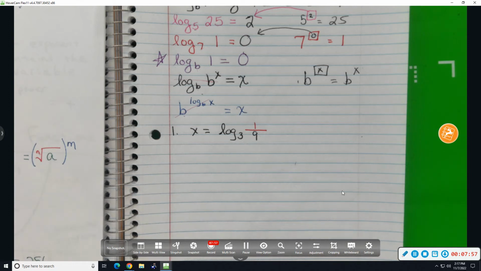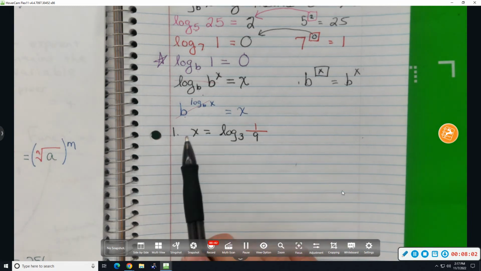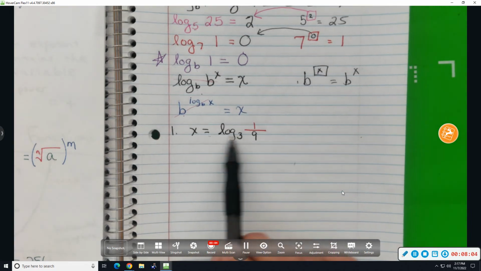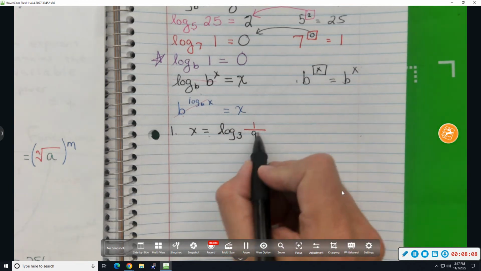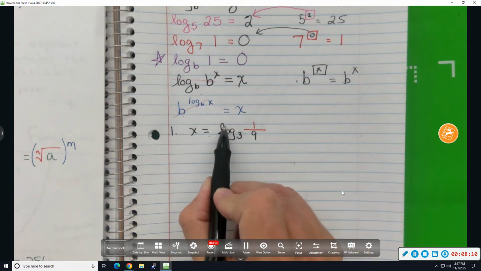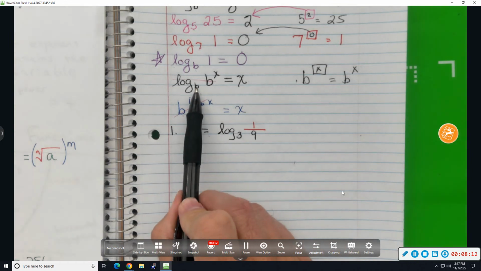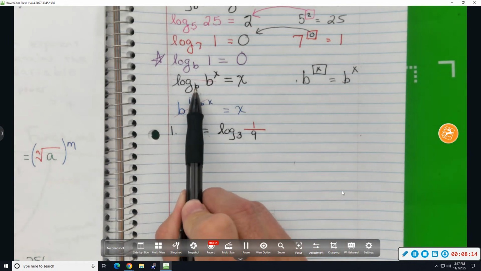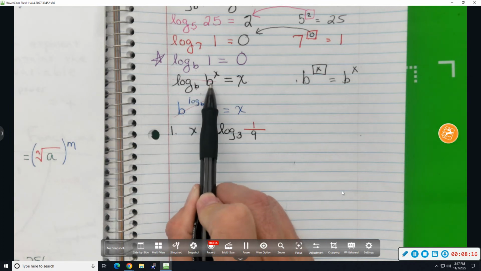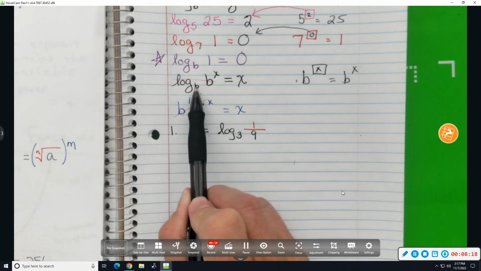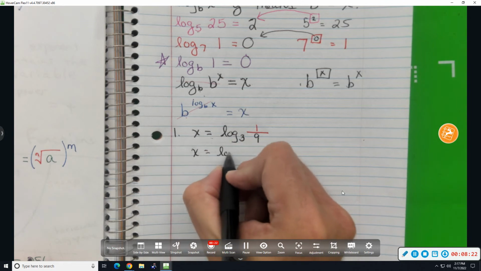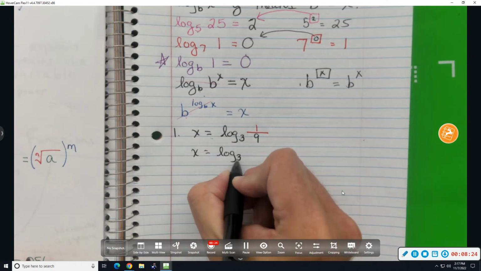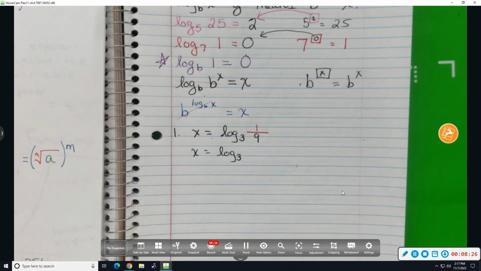In order to get x equal just a number and not this log base 3, we're going to need to cancel out that log base 3 using this rule right here. If you have the same small base and big base, they all cancel out. Using that common base stuff that we were using the last time.